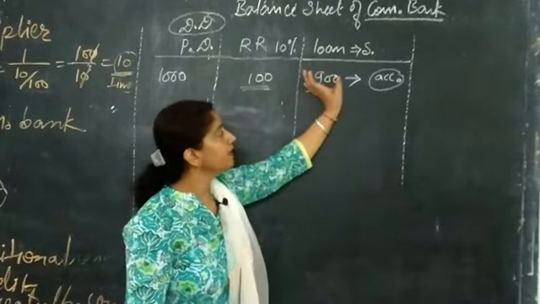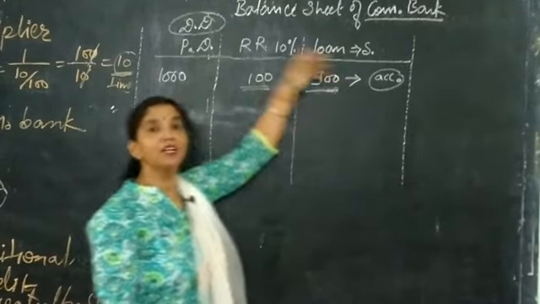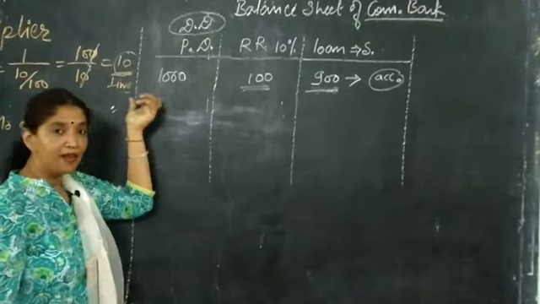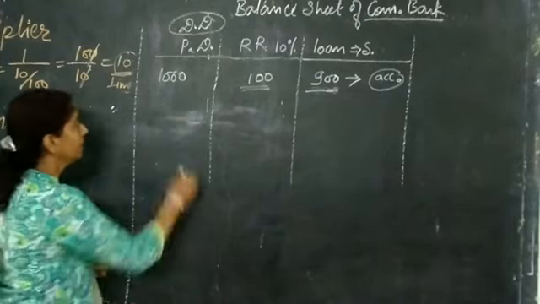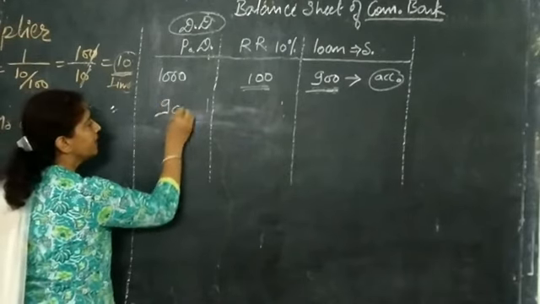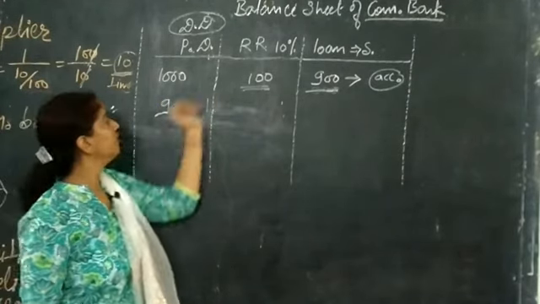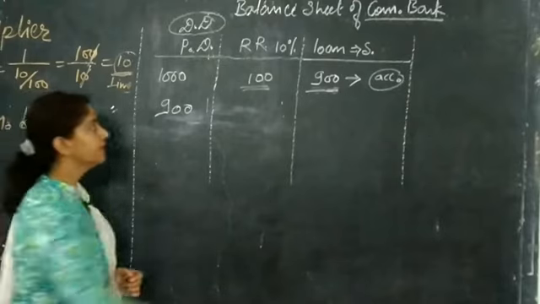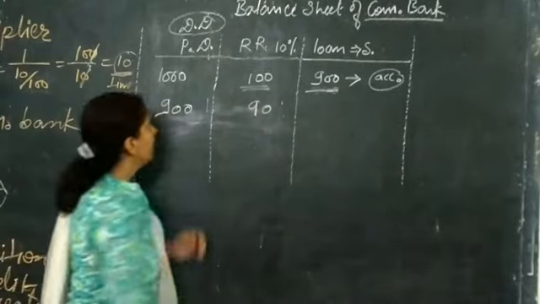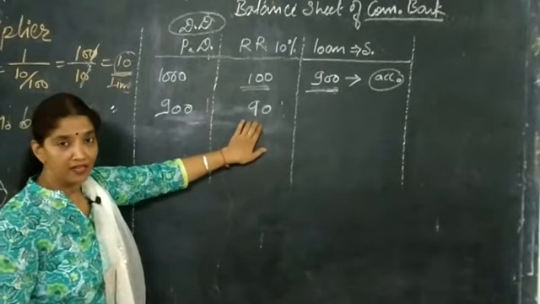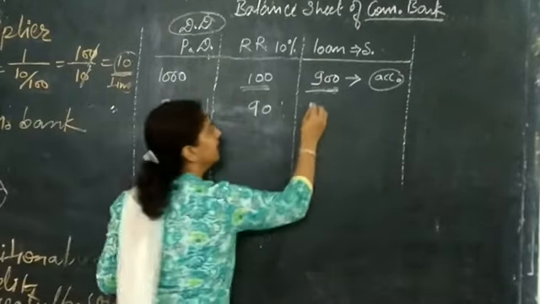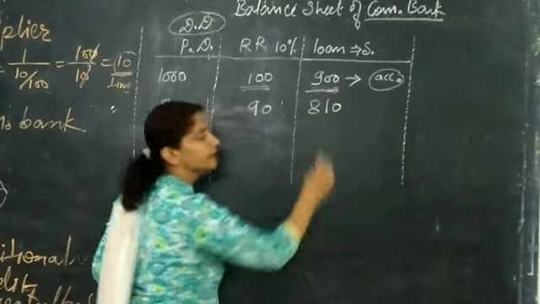So this 900 rupees will now become demand deposits, deposited again into the account of a customer. Then 10% of 900 is 90 rupees, and the remaining amount after deducting 90 is 810.